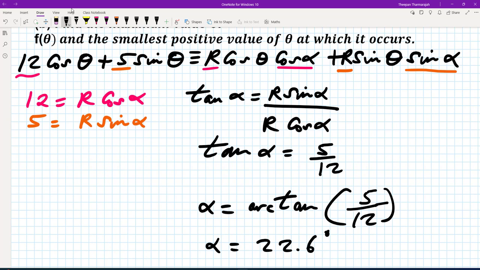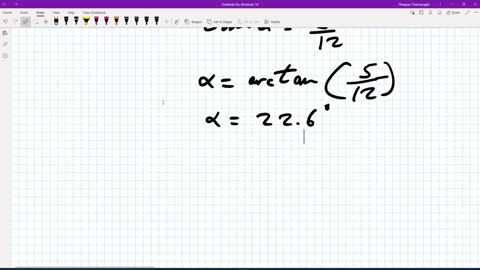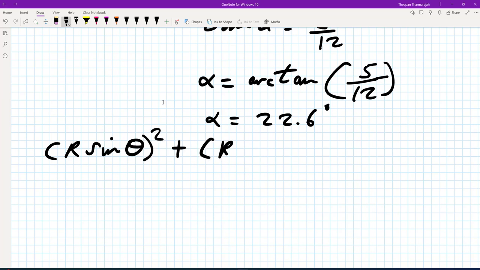So we're going to do what we've done in previous videos. We need to write (r sine theta) squared plus (r cos theta) squared.